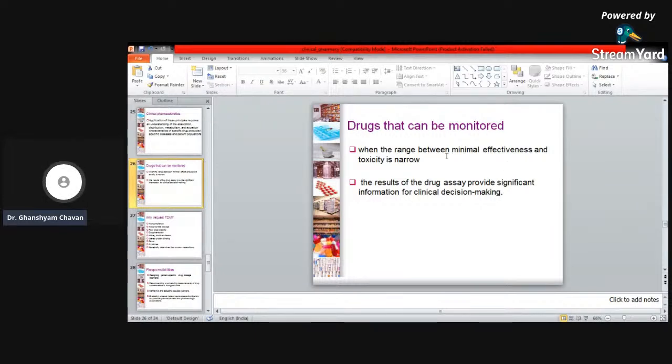Like this, there are n number of drugs which we have to give under control. The result of the drug assay provides significant information for clinical decision making. According to the assay, we can evaluate what the effects are, at which dose we can give them, and at which dose they will start to show toxic effects.